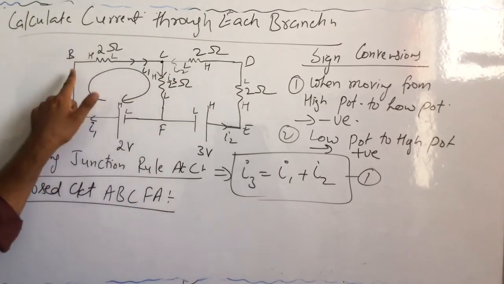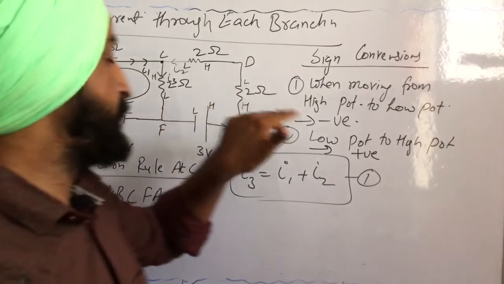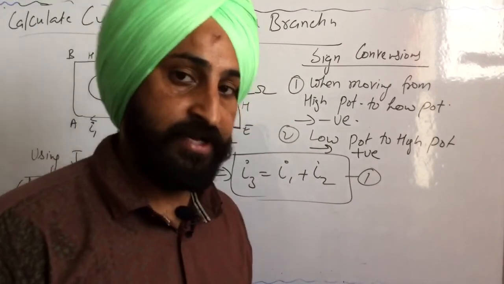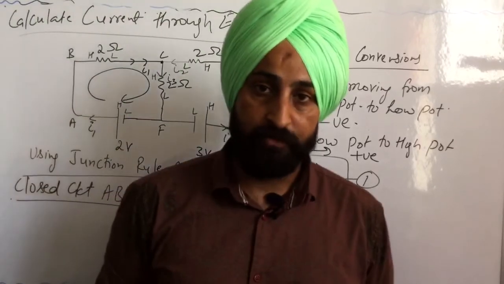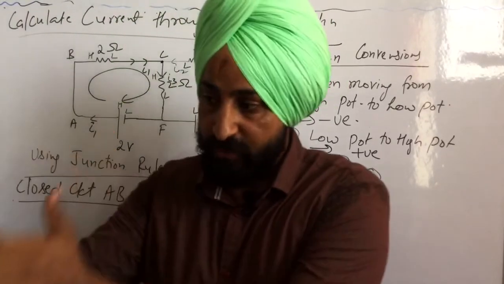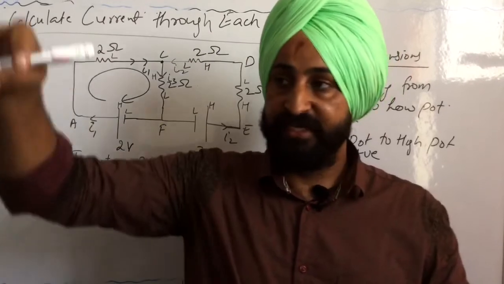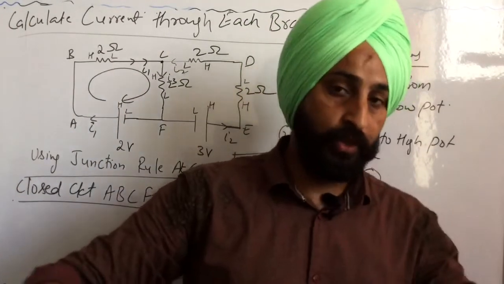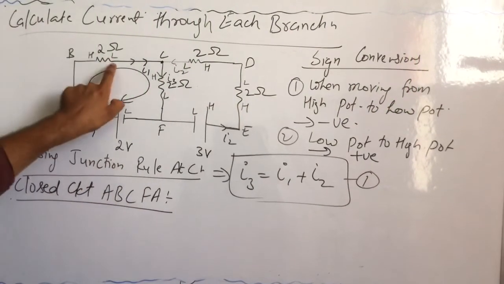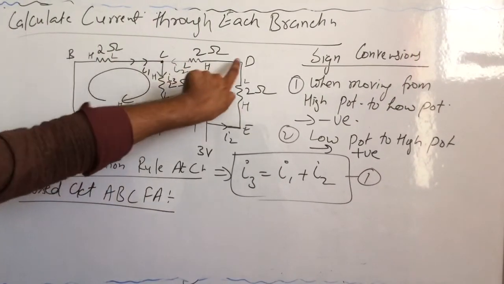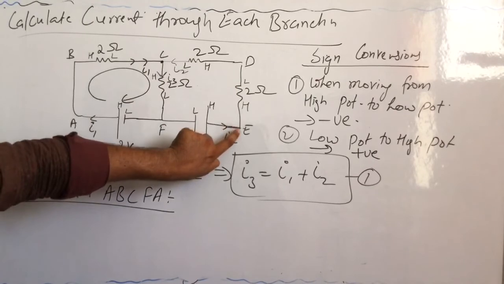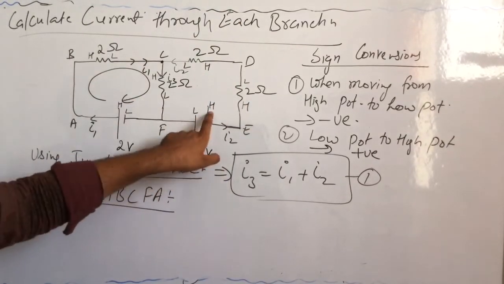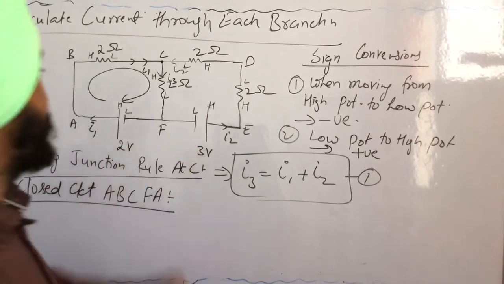So I have denoted each resistance with the signs H and L, where H is for higher potential and L is for lower potential. If current is moving from this point to this point, I will consider this point as H and this point as L, higher to lower. So here HL, because current is moving in this direction. Here current is moving in the upward direction, so HL, again HL, positive terminal is H, negative terminal is L.